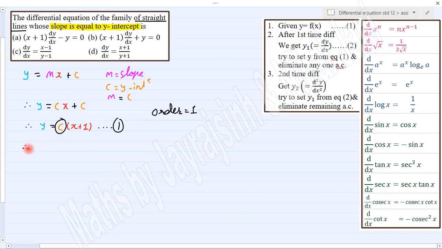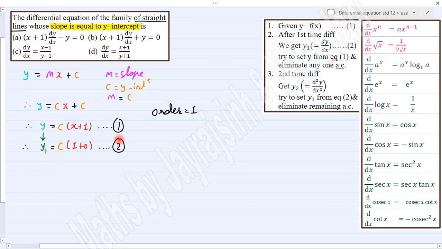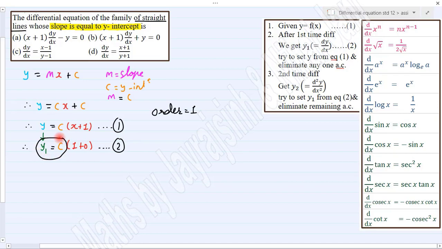Okay, so let's differentiate our equation with respect to x. So y will become y1 is equal to c will be as it is, differentiation of x will be 1 and differentiation of 1 will be 0. So here we get our equation number 2. Now to eliminate c, let's substitute the value of c in equation number 1.